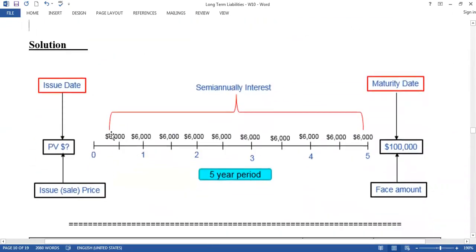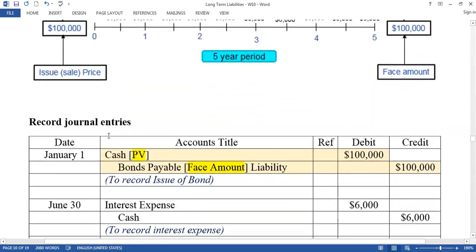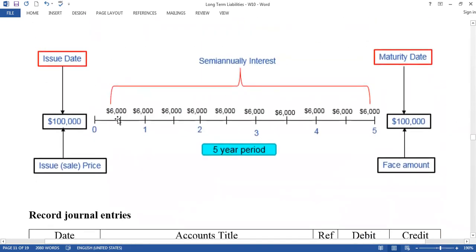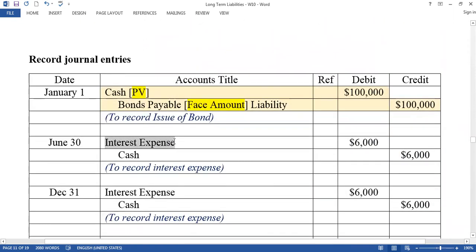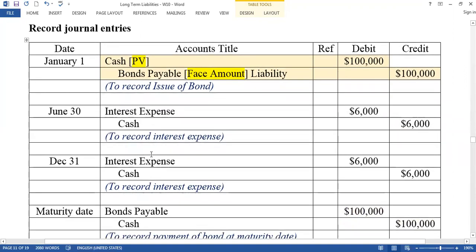So this is interest expense, and according to your Principles of Accounting 1 knowledge, you know that expense increase is a debit. Here you can see that this is our interest expense. So interest expense debit, and on June 30 we pay cash, so cash credit. June 30 and December 31st are also the same, because on December 31st we are also going to pay $6,000.